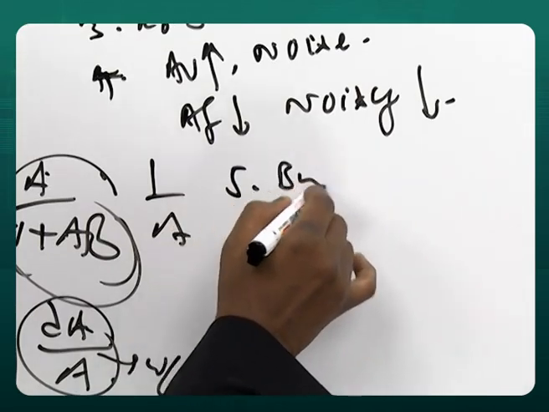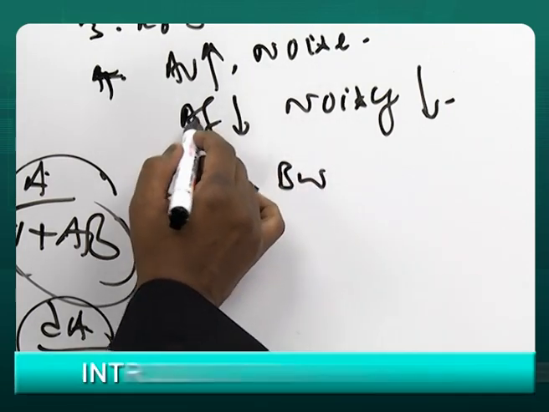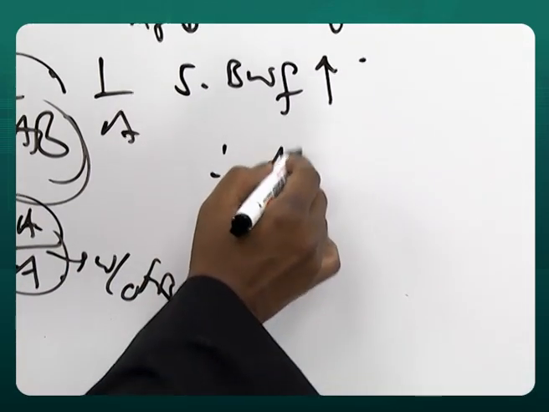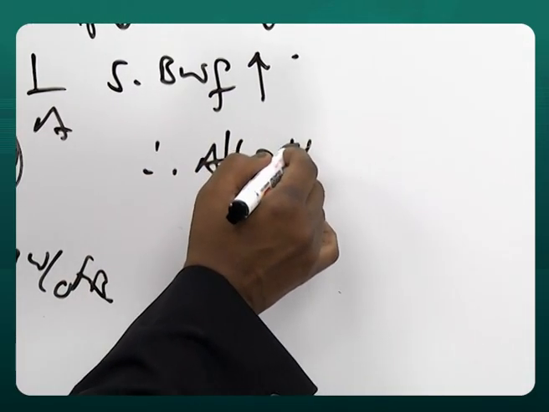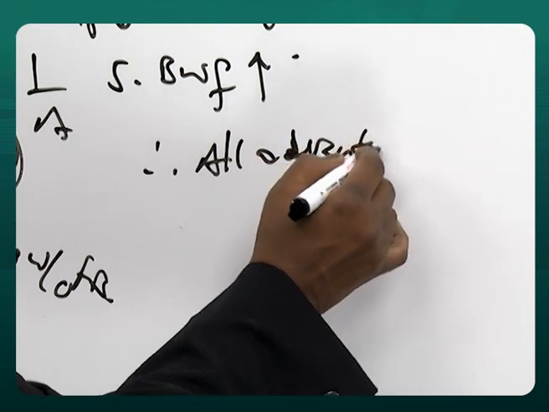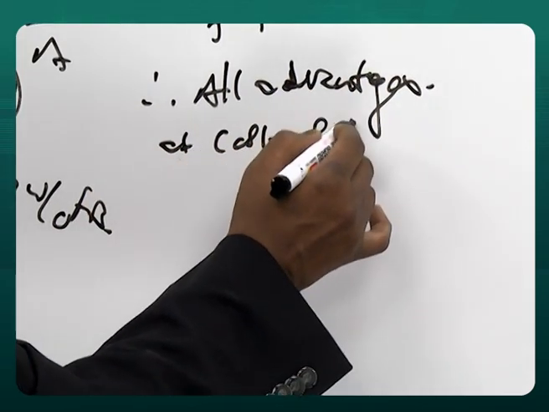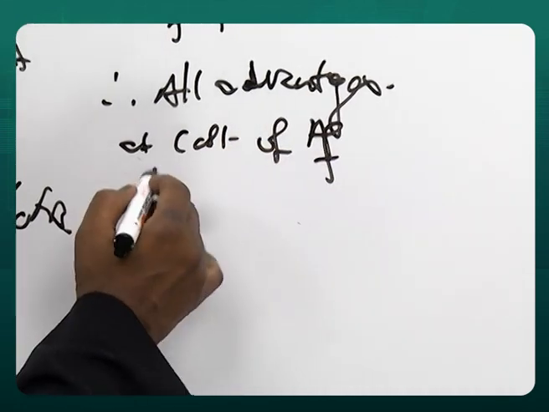Then bandwidth: when gain is decreased, bandwidth automatically increases. Therefore, all advantages come at the cost of AF decreased.